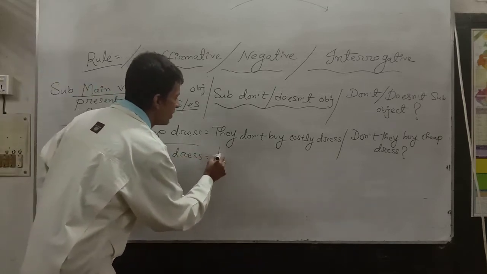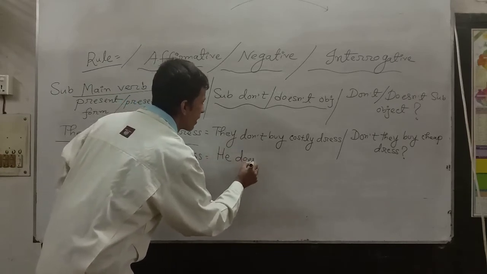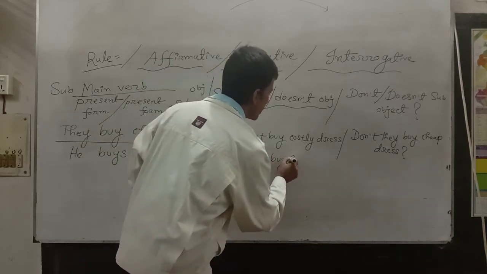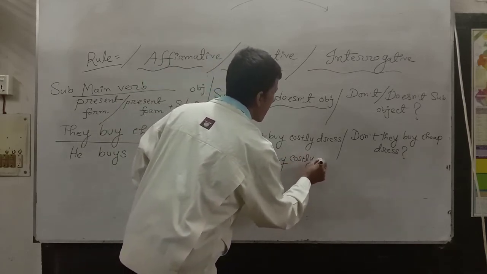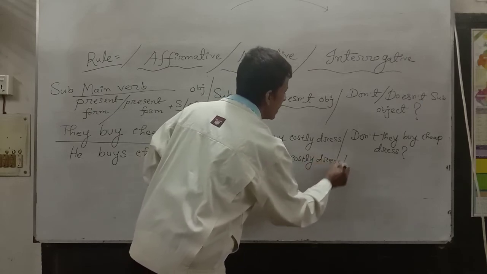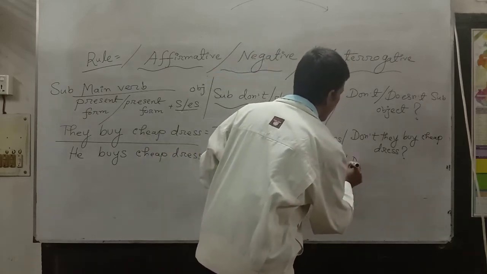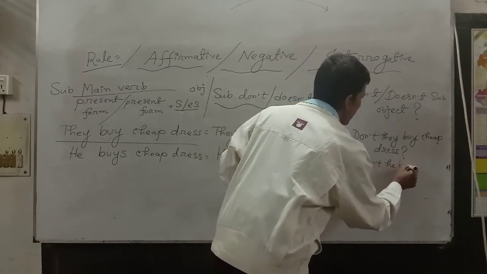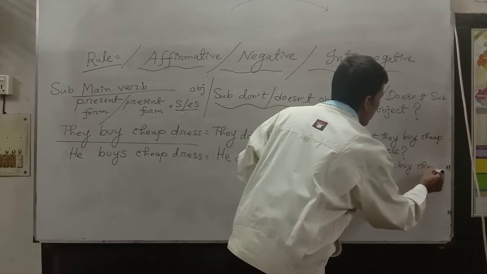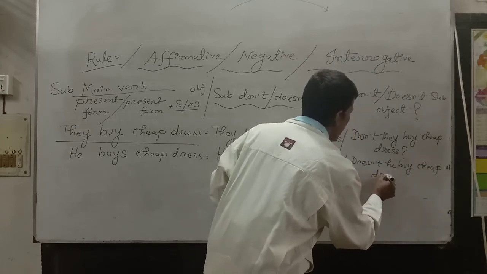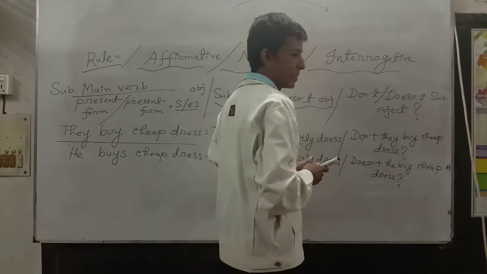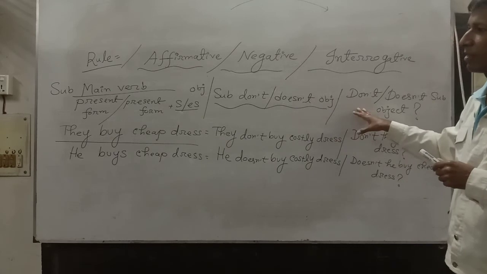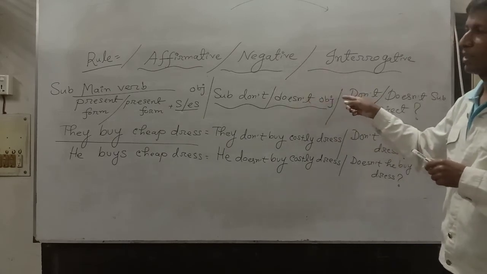The negative form will be: he doesn't buy costly dress. And in the interrogative form: doesn't he buy cheap dress? I think these structures and examples are sufficient for you.